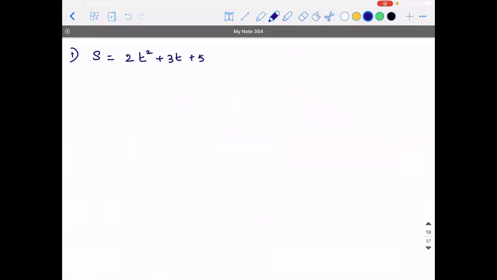Find velocity. So if you observe, the displacement is a function of time.